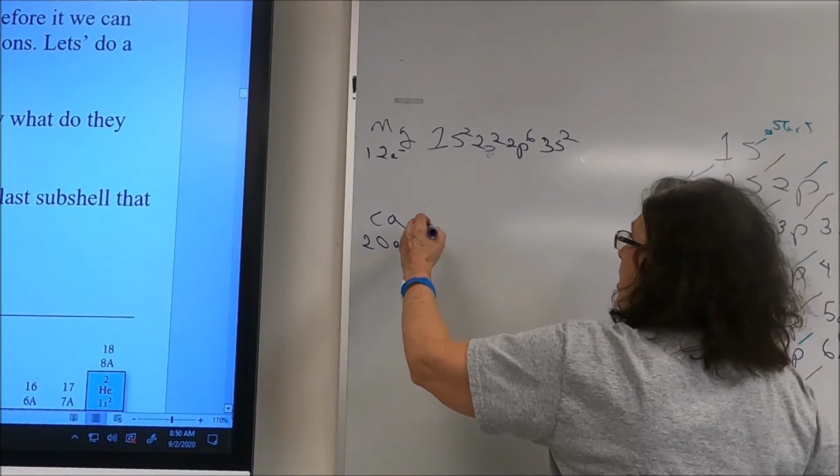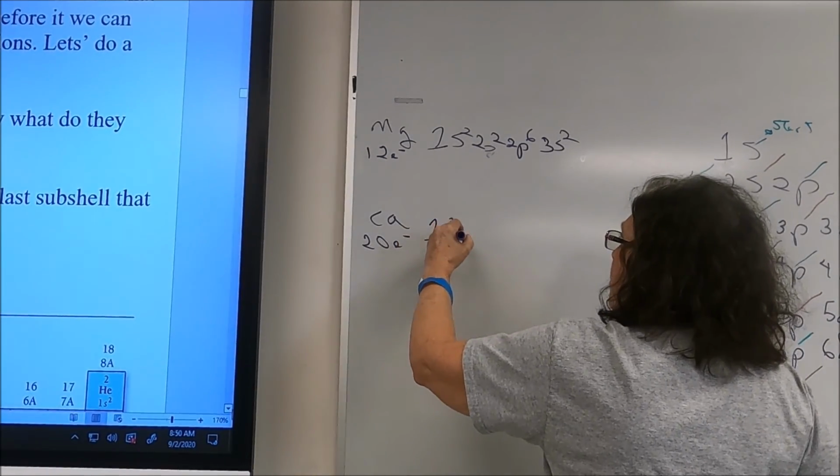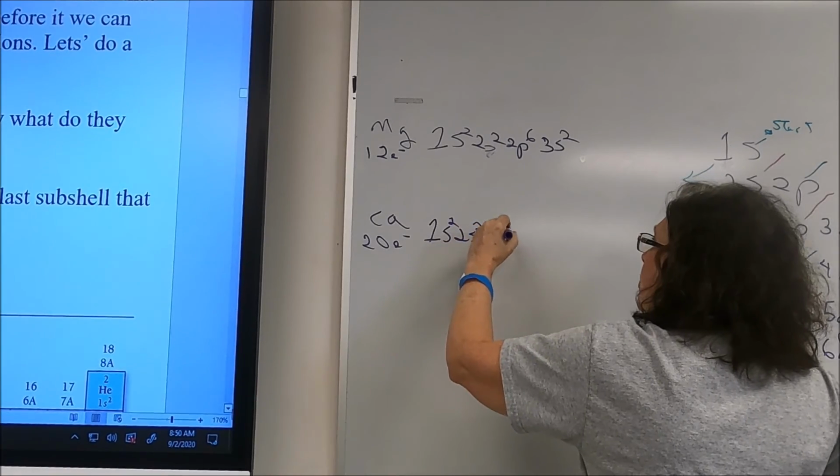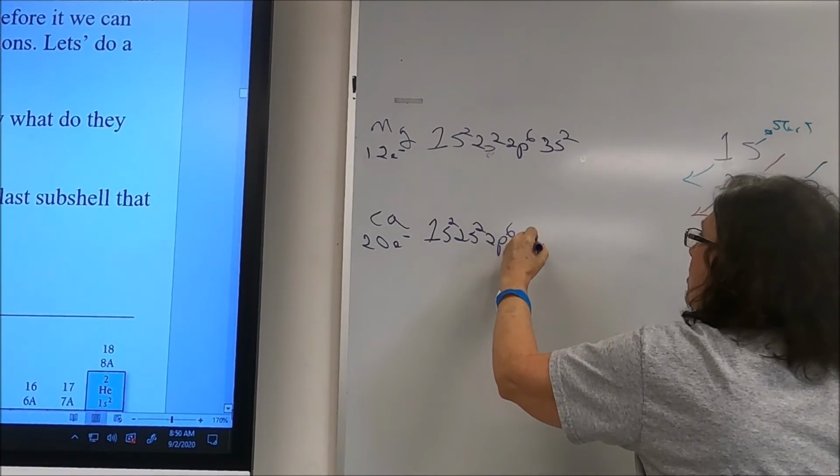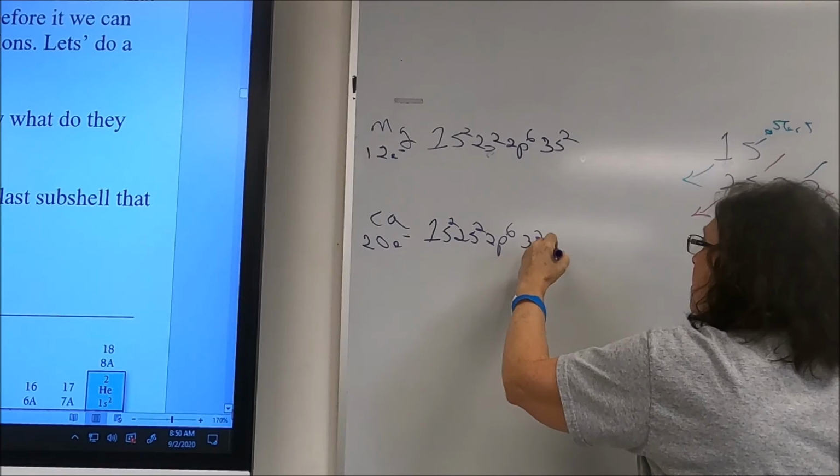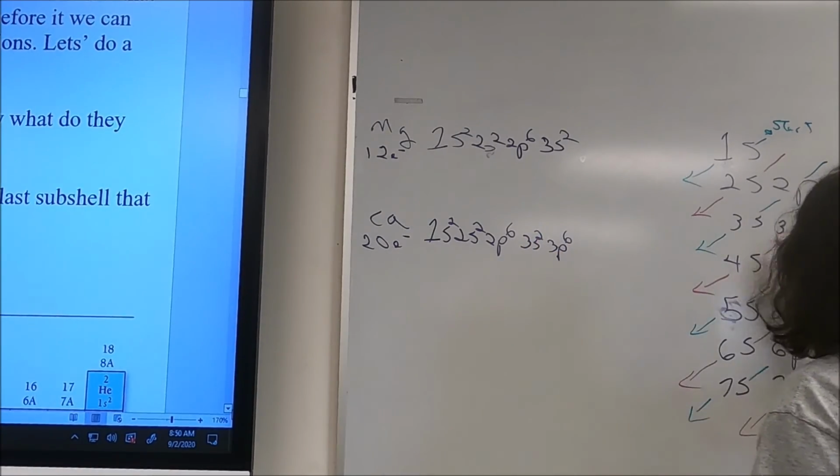When I go to calcium, I've got 1s2, 2s2, 2p6, that's 10. 3s2, that's 12. 3p6, that's 18.